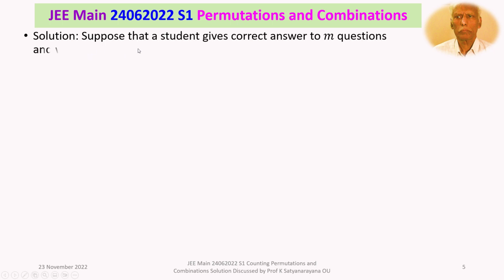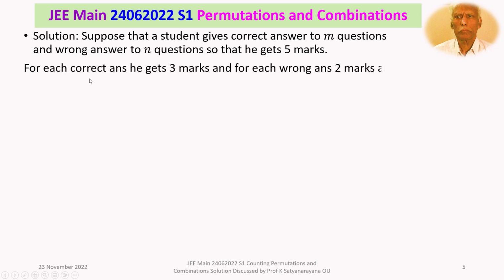Suppose that a student gives correct answer to m questions and wrong answer to n questions, so that he gets 5 marks. For each correct answer, he gets 3 marks, and for each wrong answer, 2 marks are deducted. So this will imply 3m minus 2n is equal to 5 and m plus n is less than or equal to 5.